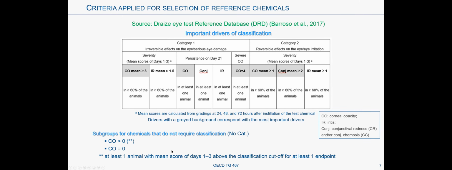And then for the subgroup of the chemicals that do not require classification, we have liquids that induced some corneal opacity, but not enough to result in a classification. And then also liquids that did nothing at all. So they had no effect on the corneal opacity. This group is called CO equals 0.